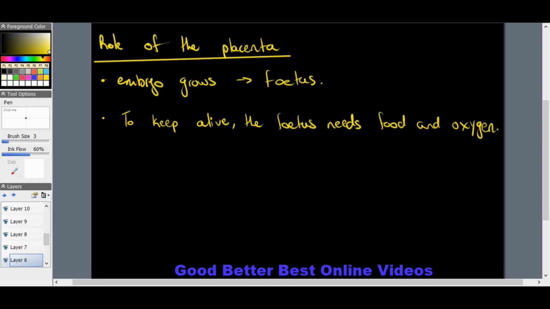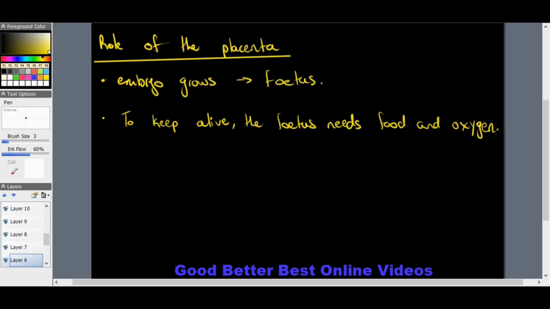It needs food, it needs oxygen, and it also needs to get rid of its wastes, because it's a proper human. Even though it's extremely small, there's less waste to get rid of, but it's a normal body function. Its body still functions as a human being that is not inside another human being, if I can put it that way.